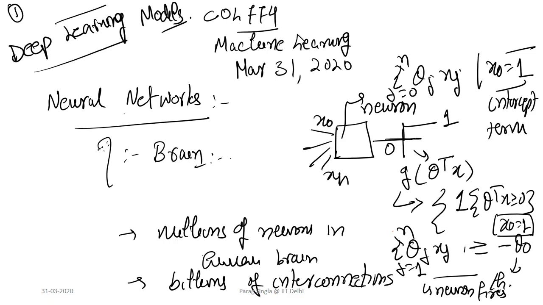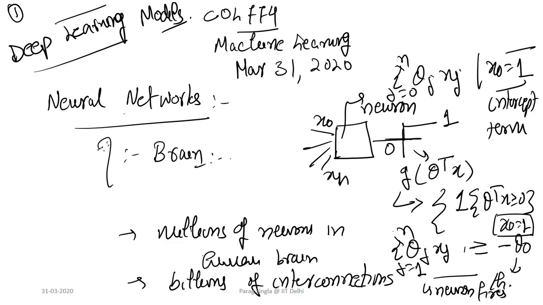Each neuron, as we'll see, does a very simple computation, which is this linear operator, theta transpose x, which is nothing but the sum of theta j x j, j equal to 0 to n. And as before, x0 is 1, which is the intercept term, and theta 0 is the coefficient of that intercept term.